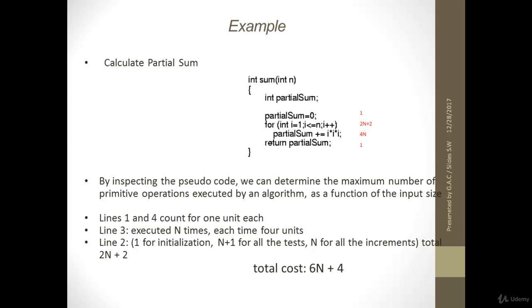So partialSum equals 0 is 1 unit, the return statement, the last statement, is 1 unit. And the third statement, line 3, executes n times and there are 4 units, so it's 4n.